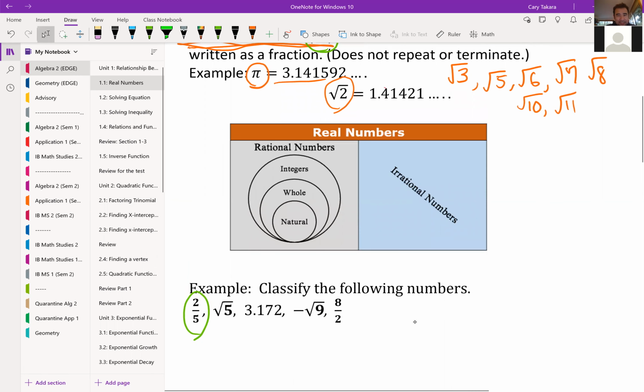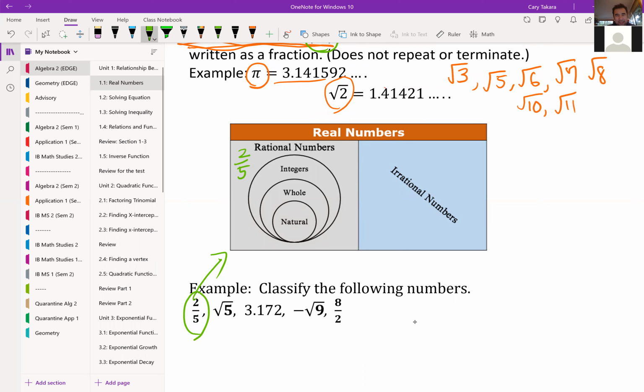2/5. Now, what is that? If you were to put 2/5 in that diagram, where would you put it? It's a rational number. It's a fraction, isn't it? So 2/5 will basically go right there. Now, can it go inside integers, whole numbers, or natural numbers?